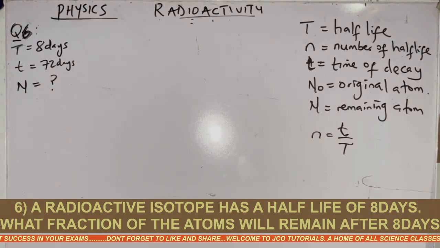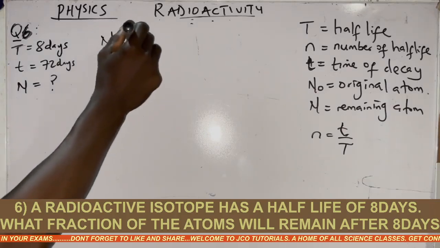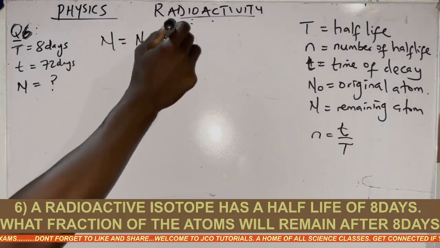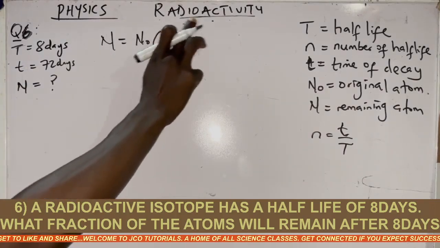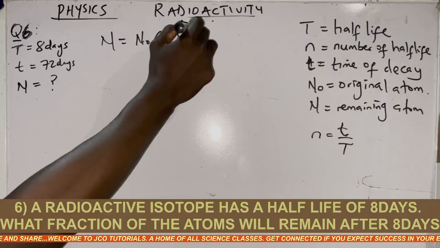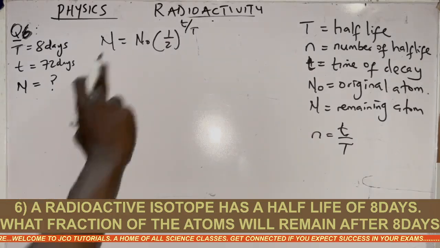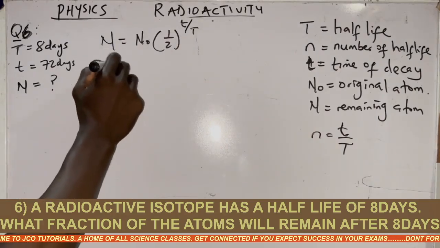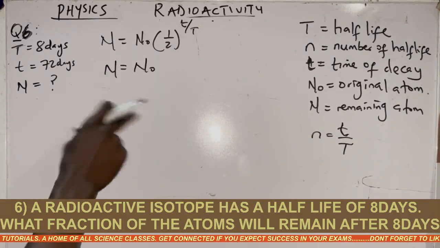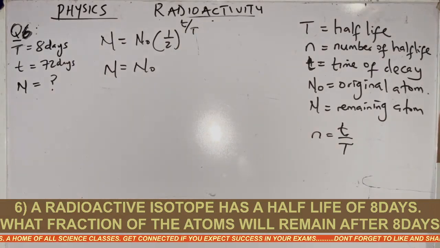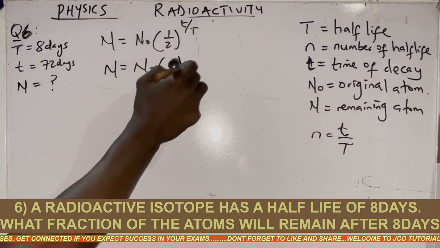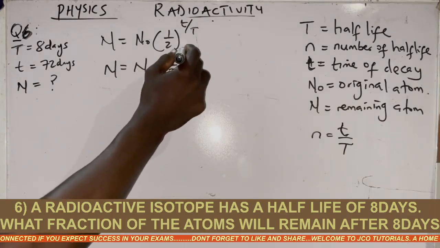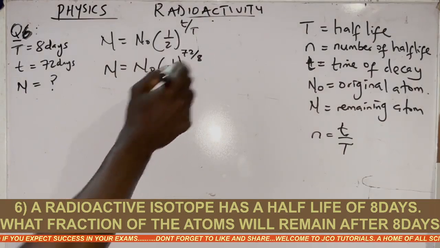Well, we could quickly just put in your formula. Remaining is original times 1 over 2 raised to power n. Do you have small n? No, but small n can also be small t over big T. So we'll solve quickly like that. What remains is the original. You see, in these cases they don't give you the original, they are simply asking for the fraction. Original times 1 over 2 raised to power t, which is 72 over 8.